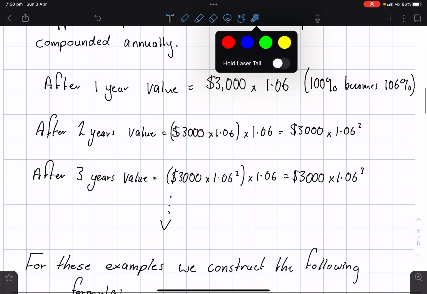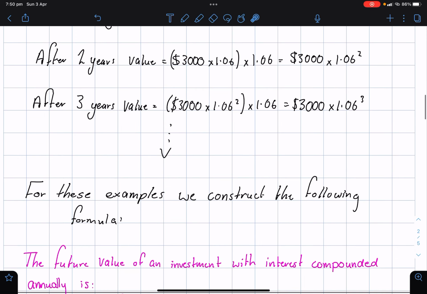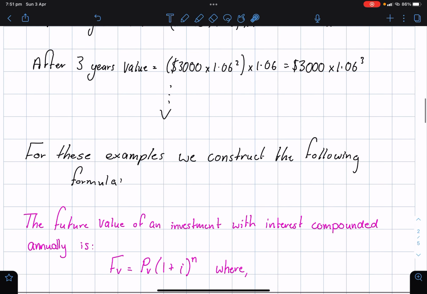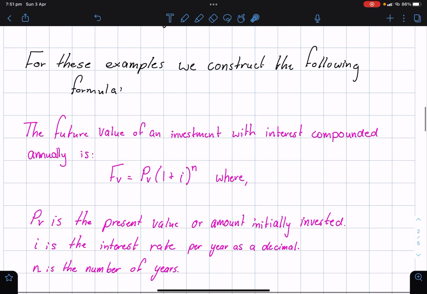For these types of examples, we can construct the following formula. The future value of an investment with interest compounded annually is FV, future value, equal to PV times by 1 plus I to the power N, okay? Where PV is the present value or the amount initially invested.